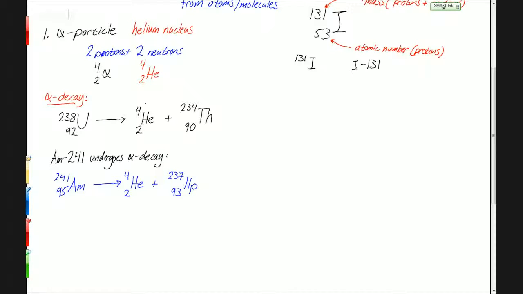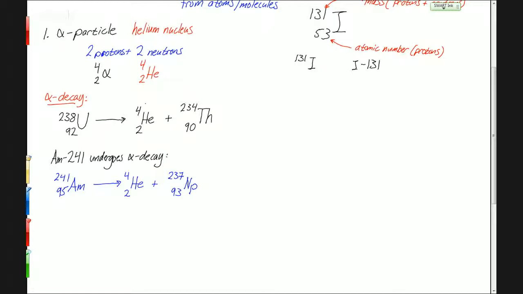That's often how things like these internal cancers, lung cancers and things like that, can sometimes be caused by things like radon, the radioactive gas, getting into your lungs and bombarding your lungs with alpha particles.